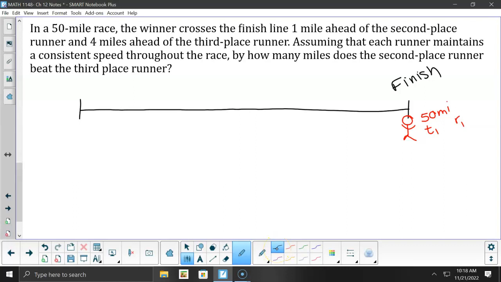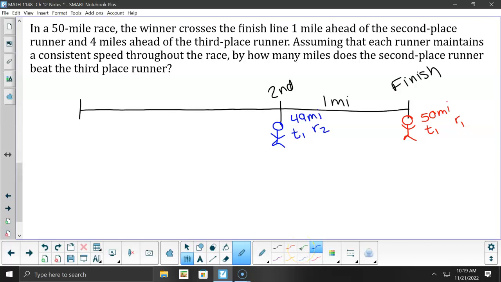All right, second place was 1 mile behind. So he went 49. All right, so second place went 49 miles in the same time, but at a different speed. Okay?